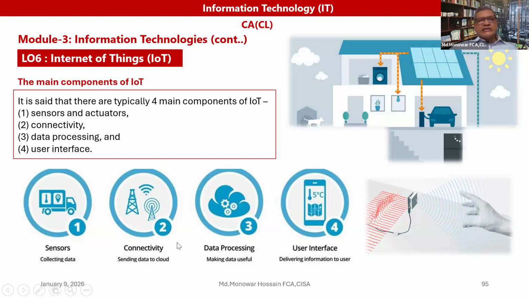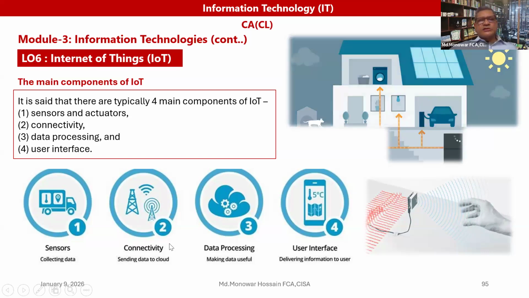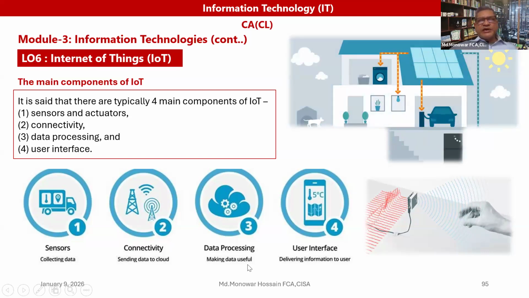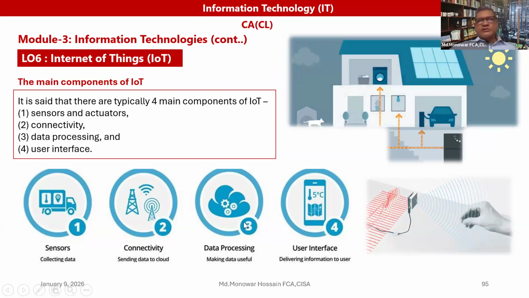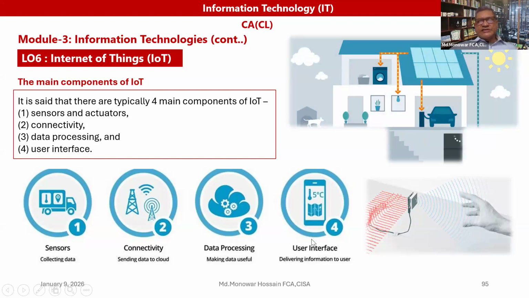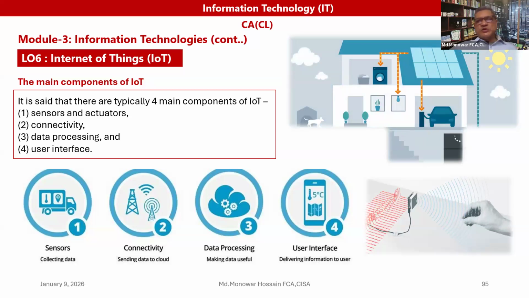Connectivity means sending data to the cloud. Data processing means making data useful for the organization for next use. Then user interface means delivering information to the user. So we can say the main components of IoT are sensor, connectivity, data processing, and user interface.